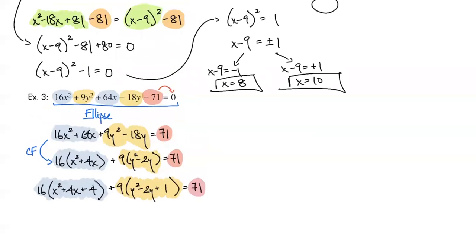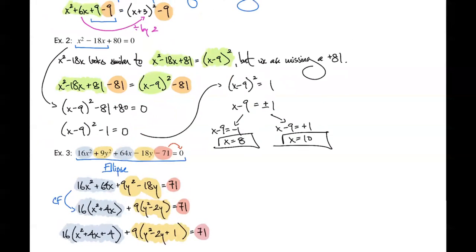But I would say that if we think back to like example 2, right? I made something into a perfect square, but then why did I put a minus 81 at the end? To negate the addition that you did. Yeah, I did that negative 81 to balance out this plus 81 that I introduced, right?